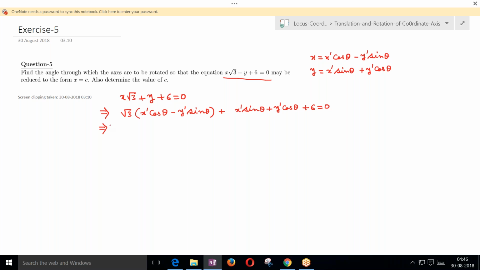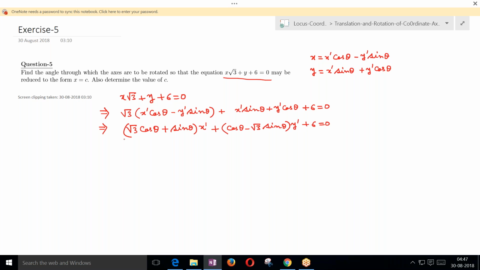So if we make the x dash coefficient together, this becomes root 3 cos theta plus sin theta into x dash, and if we make the y dash together, it will be cos theta minus root 3 sin theta into y dash, plus 6 is equal to 0.